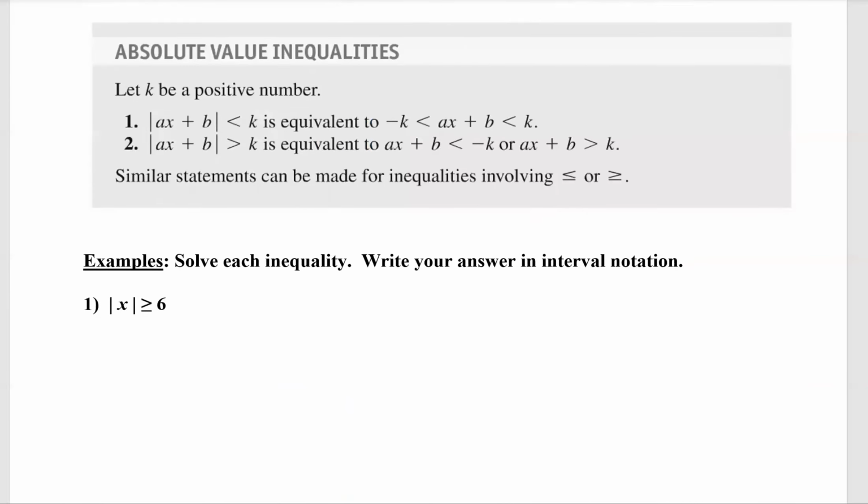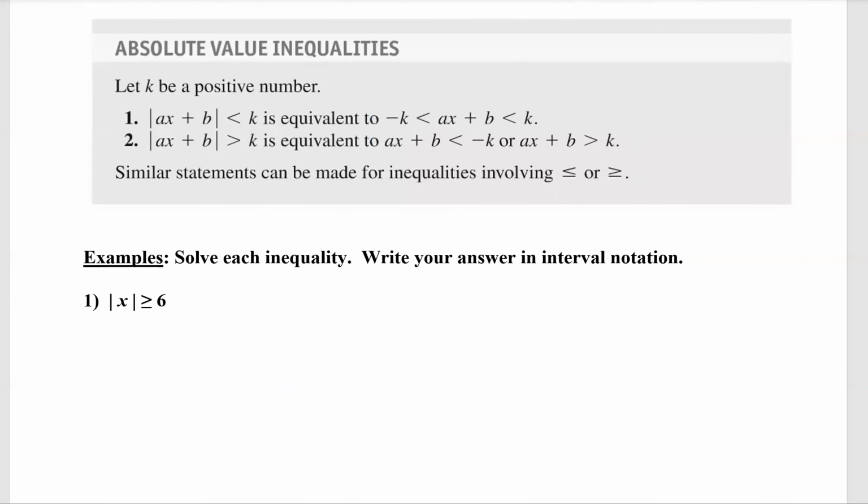All right, let's look at the definition. Absolute value inequalities. So let K be a positive number. So these K's are positive numbers.